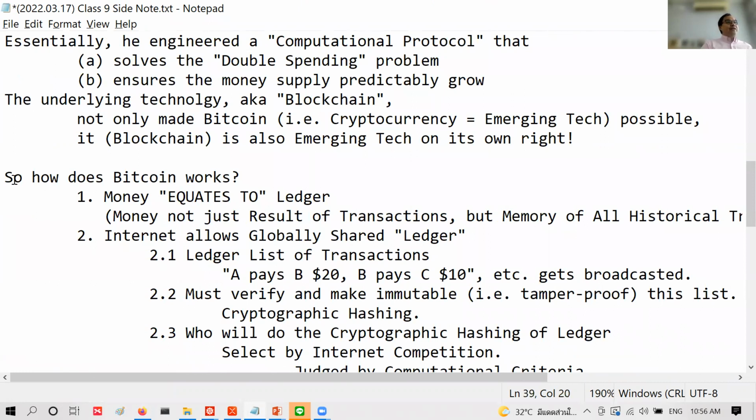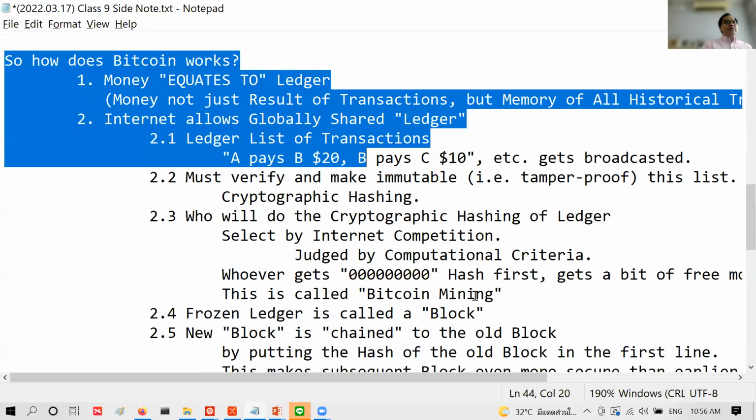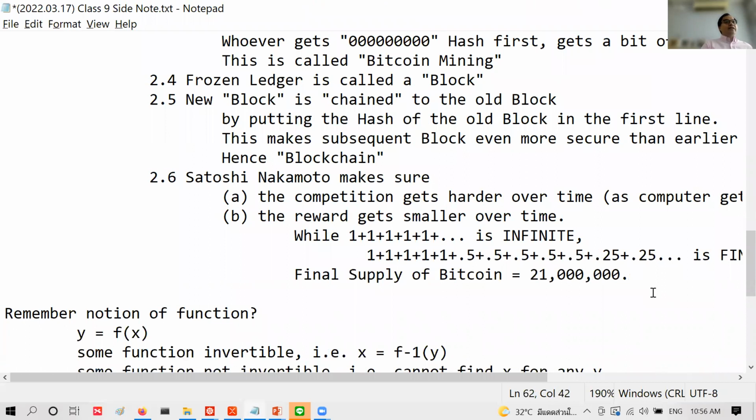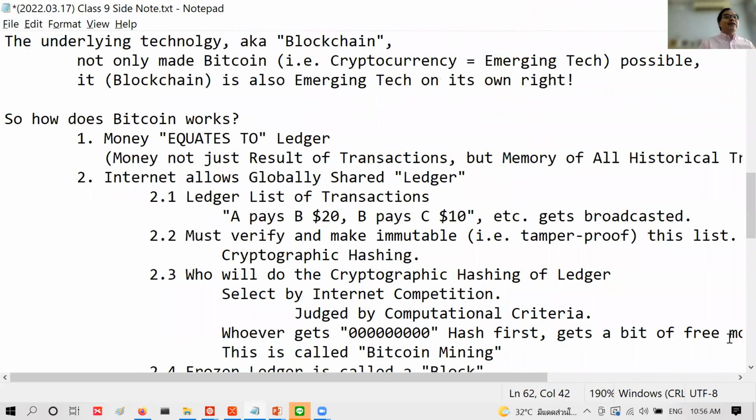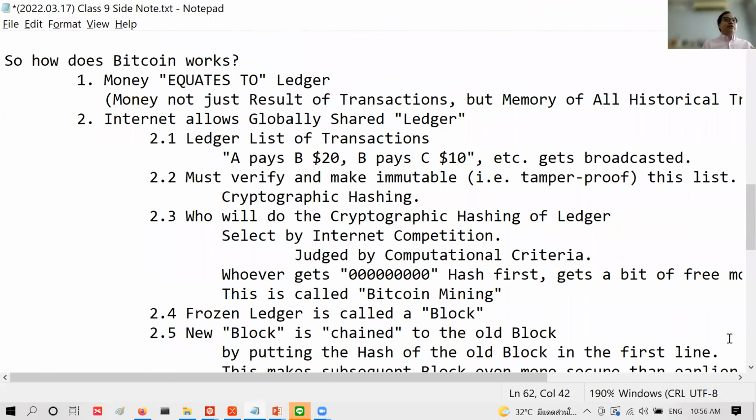So how does Bitcoin work? It works very well. It solves a lot of problems. First of all, it makes things very convenient because you're using the internet. Right now, if you want to pay somebody, you have to go to a bank. You know about the sanctions, right? Russian banks, because the government invaded Ukraine, can no longer participate in what's called the SWIFT network. A SWIFT network is a message.